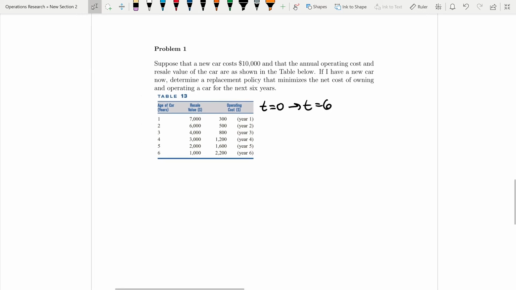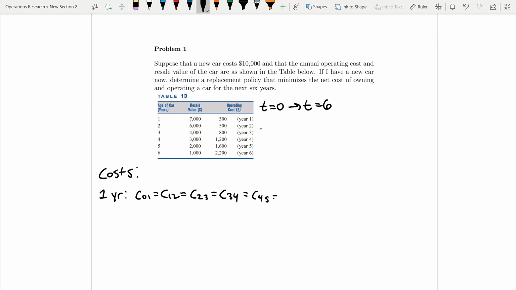And again, I'm going to start off by defining those costs that we just defined to start in that last problem. So if we're looking at 1 year, we can go from 0 to 1, from 1 to 2, from 2 to 3, from 3 to 4, 4 to 5, or even from 5 to 6 here.